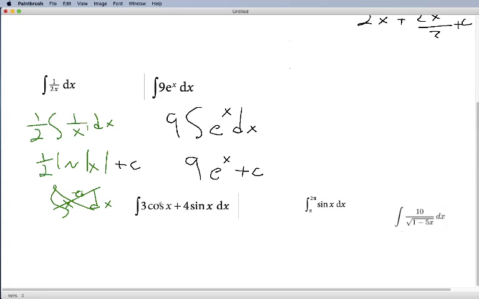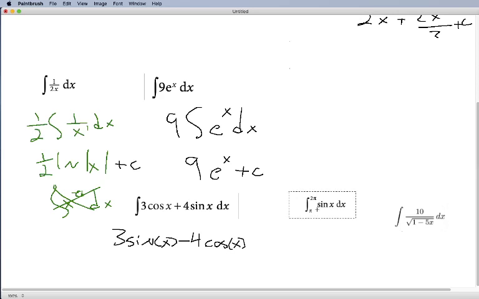Again, if you integrate cos x, you should get sine x. So if you just integrate 3 cos x, well, it's just 3 sine x. That's it. And if you integrate a sine x, you get a negative cos x. So this is negative 4 cos x. That was it. Done.